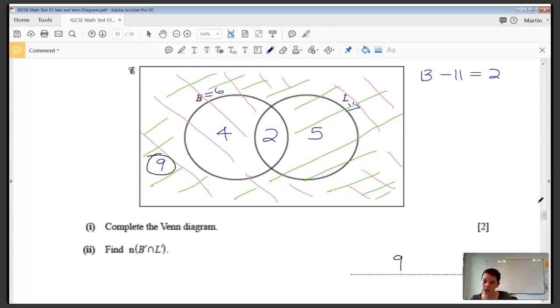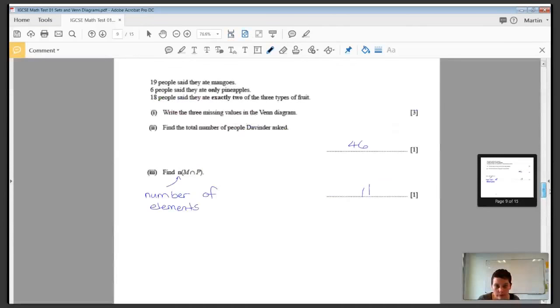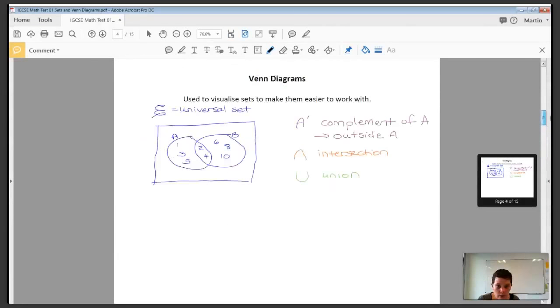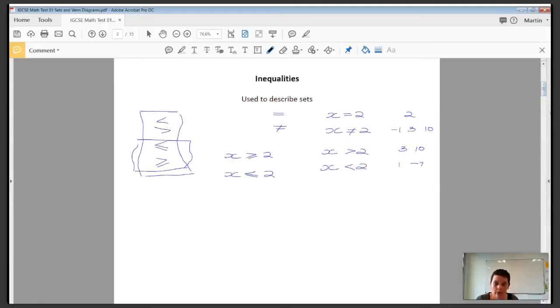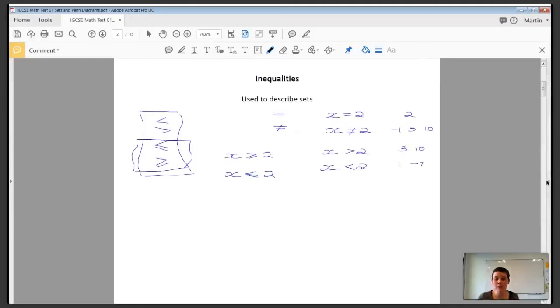And then we have a few minutes just to wrap up. The joy of doing this on a computer is you can rewind your life. We were talking about sets and Venn diagrams today. We talked about inequalities and the importance that if you want to understand sets and Venn diagrams, you need to understand inequalities so that you can understand how the set is described.